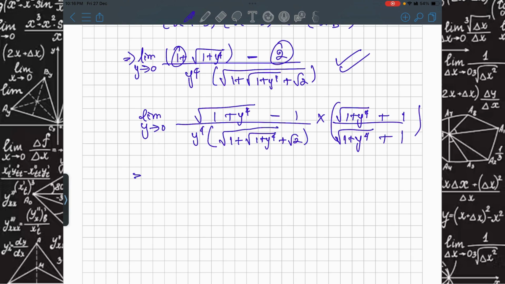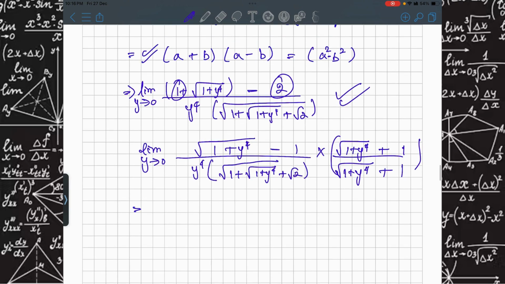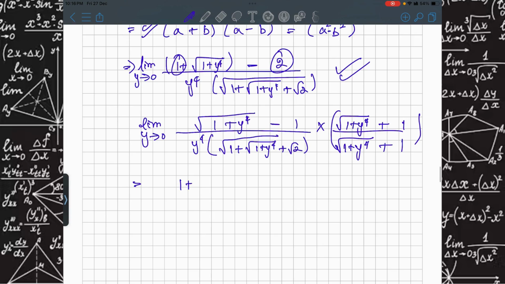Using the formula which I have mentioned above, we can write this as 1 plus y power 4 minus 1, divided by y power 4 into 1 plus root of 1 plus y power 4 plus root 2 times root of 1 plus y power 4 plus 1.